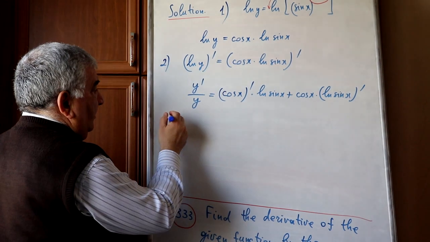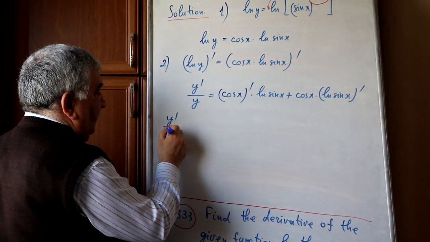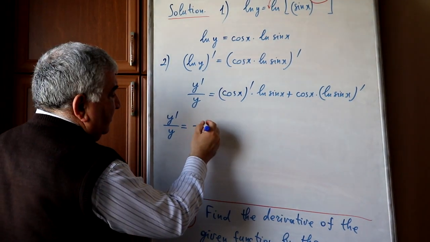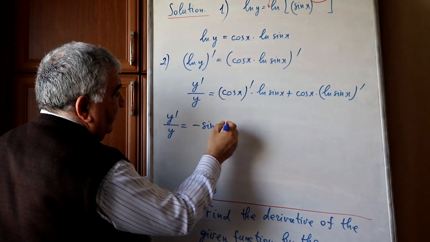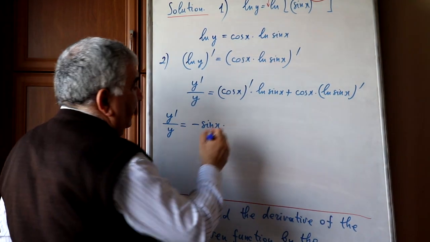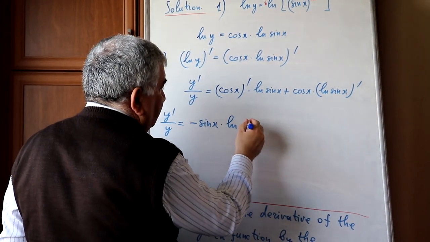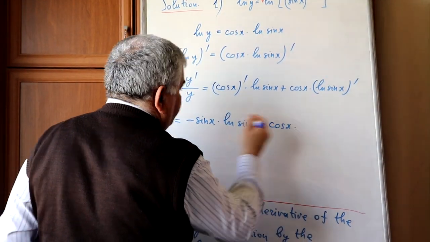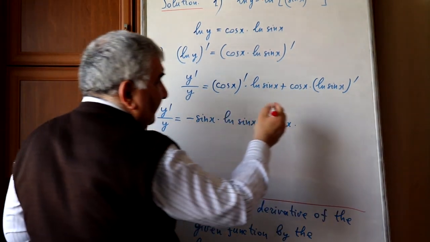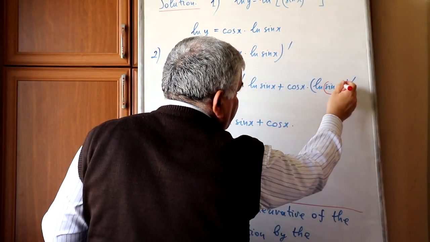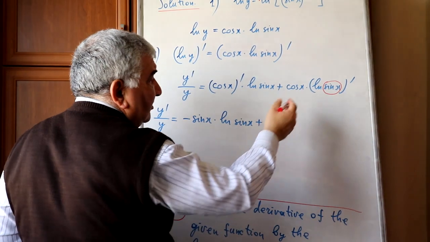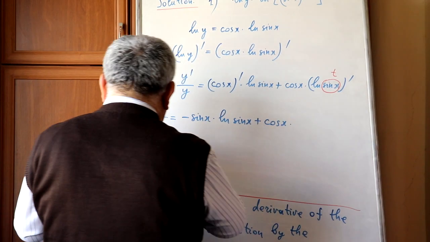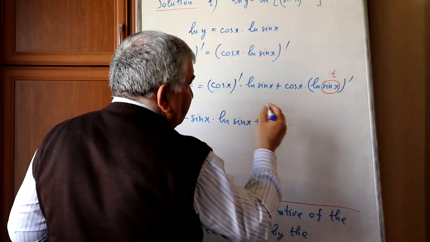plus cosine x multiplied by natural logarithm of sine x, prime. Continue. Y prime over y equals the derivative of cosine x, which is minus sine x, multiplied by natural logarithm of sine x, plus cosine x multiplied by... it is a composite function because the argument is also another function. Let it be t.